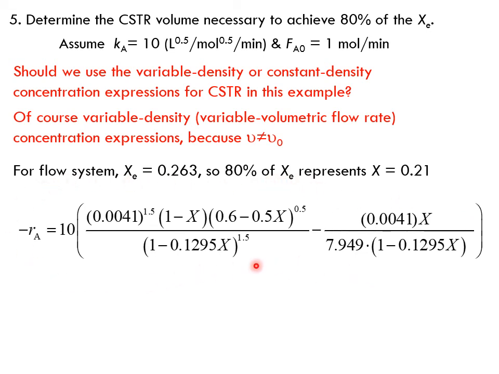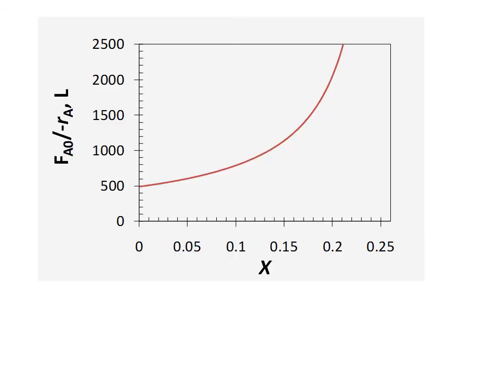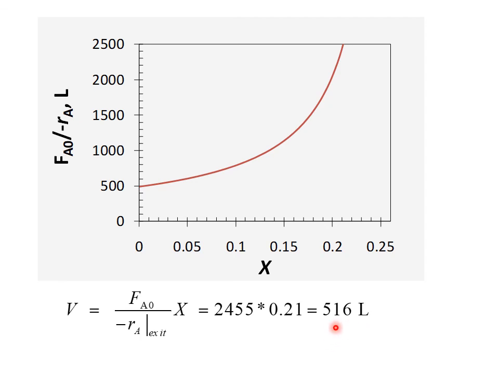So you can substitute x with 0.21 to find the value of minus RA, and we have the design equation for a CSTR. If A naught is known, minus RA is just evaluated, and x is 0.21, and here we go. The answer is around 500 liters.